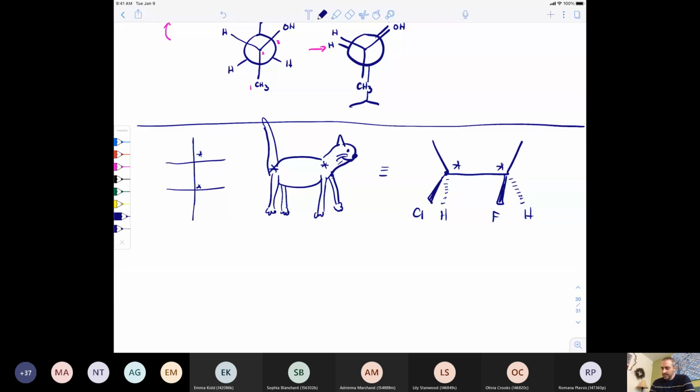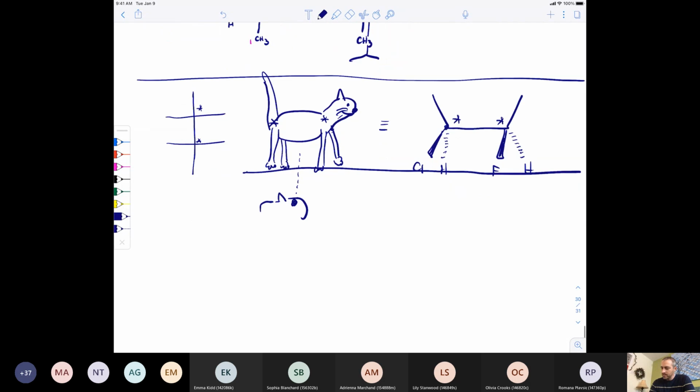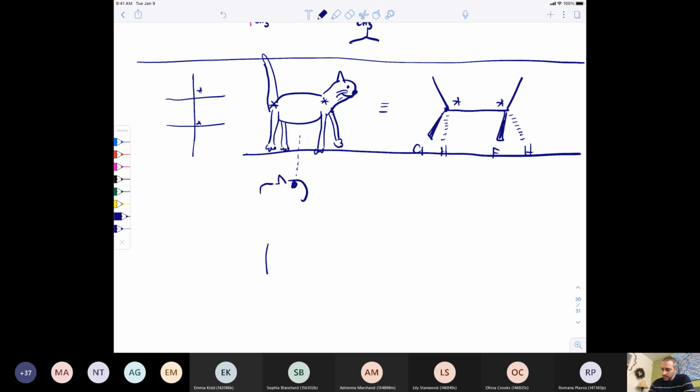Basically what we're doing then is imagine this cat is walking on a glass table. You are lying underneath that table and looking upwards. What you would see looking underneath the cat is something that would look like this. You would see the body up and going away from you. You would see the head.